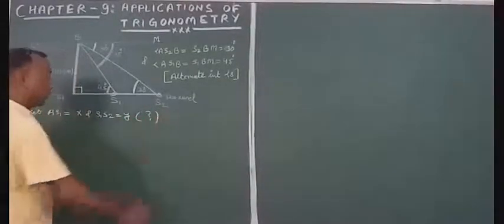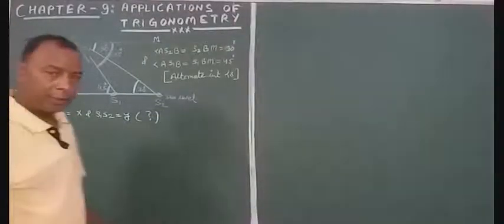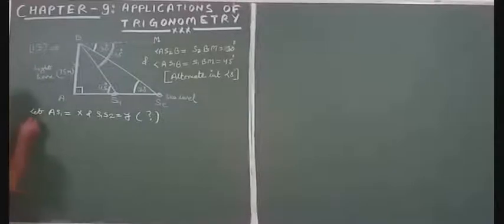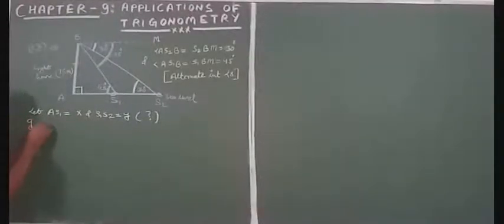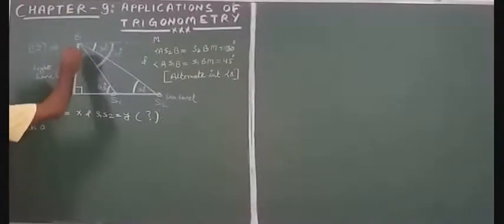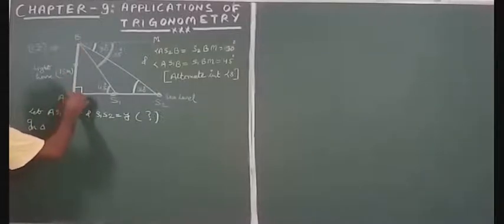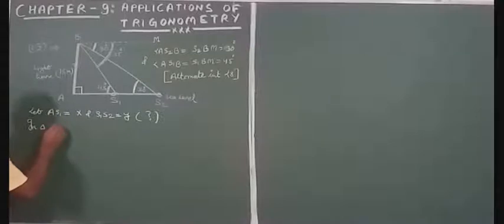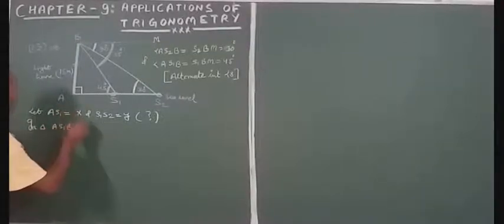This is the question mark. What we have to find? S1S2. Now in triangle AS1B, what will happen?